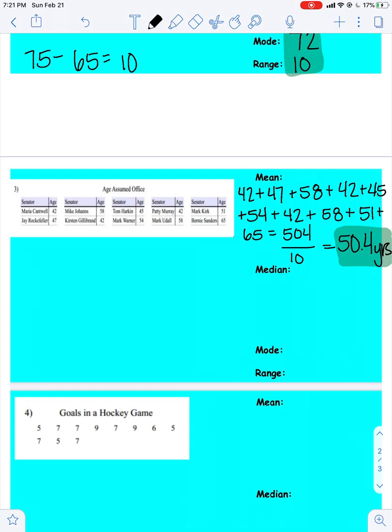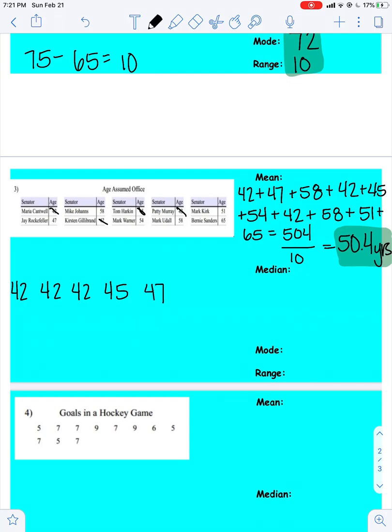Okay, now we're going to find the median. So I'm going to list all of these out. So the youngest we have is 42, and we have that 3 times. The next youngest we have is 45.